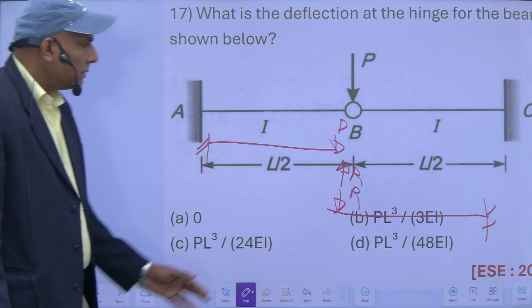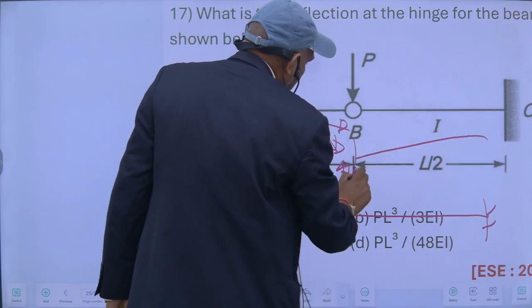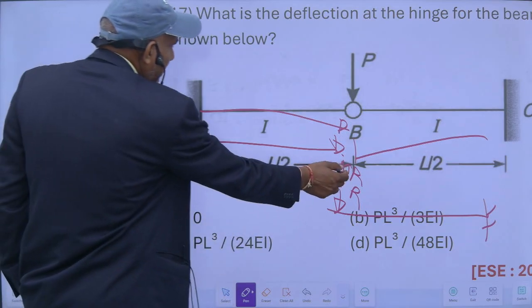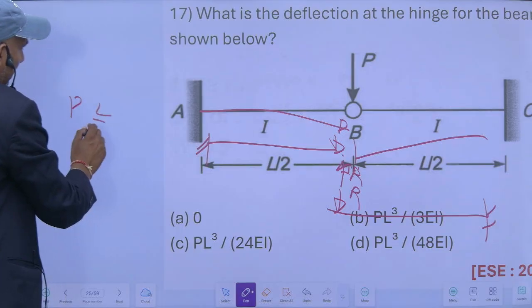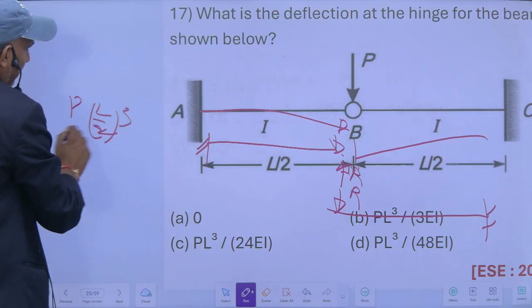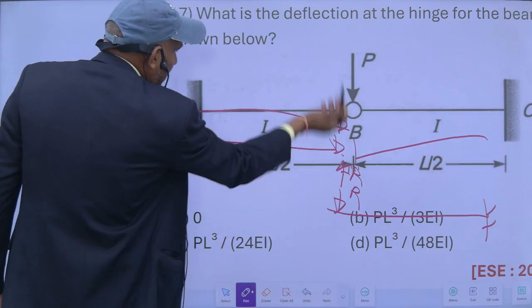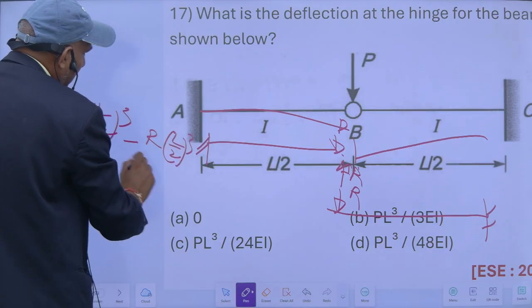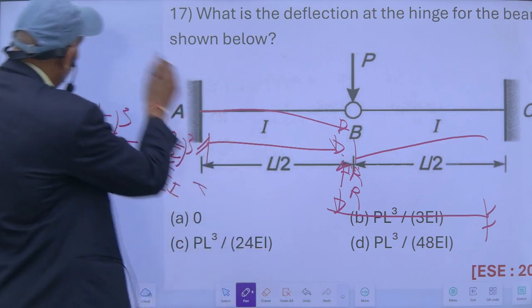So whatever the deflection at this point, the same deflection will be here. My net deflection at this point will be, this is a proper cantilever, P into L by 2 cube upon 3EI. This is the deflection because of this load, and due to this prop reaction it will be minus R into this distance cube upon 3EI.